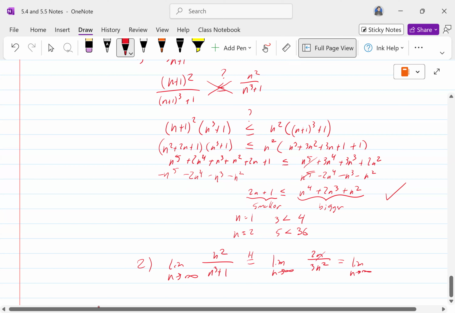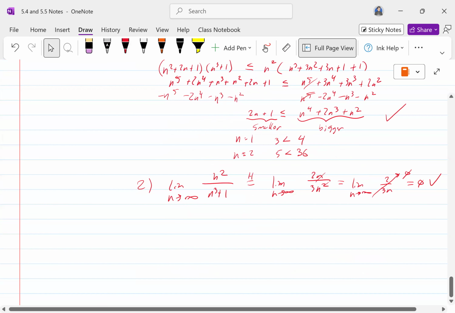Let's cancel out the n here: 2 over 3n, and that does go to 0, so that checks. So therefore, by the alternating series test, just call that AST, this series is convergent.